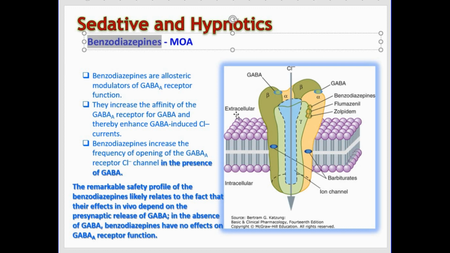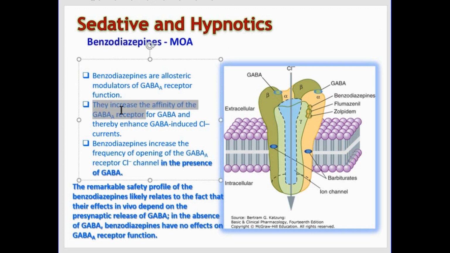It's important to know how they work. They increase the affinity of GABA for the GABA receptors, so that the receptor can be activated. It's very, very important that you understand this. Benzodiazepines increase the frequency of channel opening only in the presence of GABA.